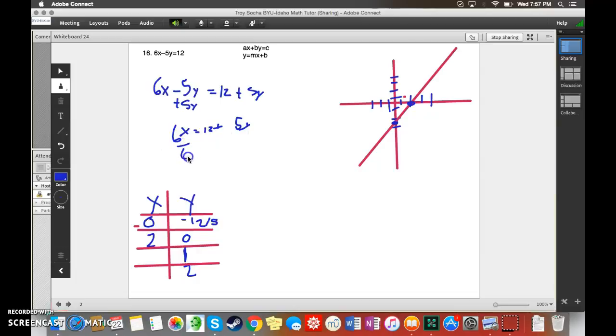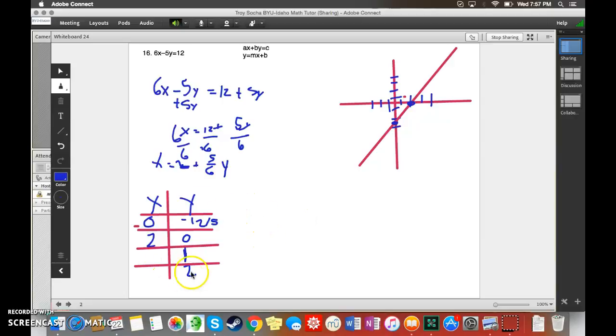Divide by 6. And we get x equals 2 plus 5/6 y. All right. Now we're going to solve this for its values.